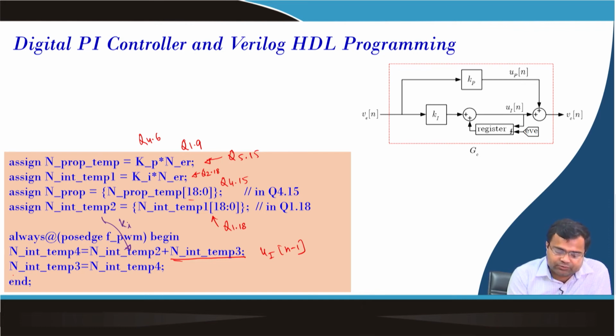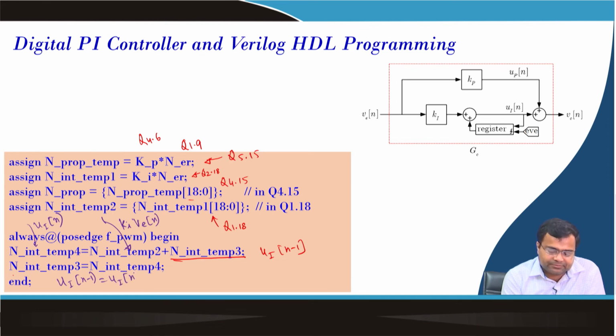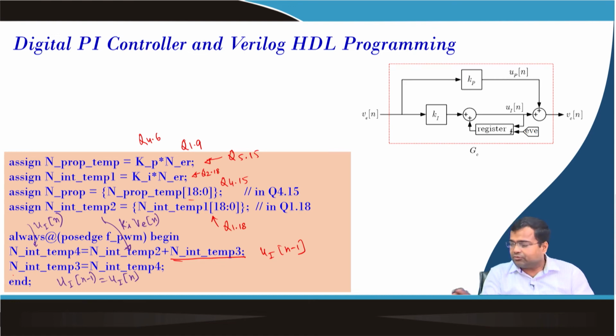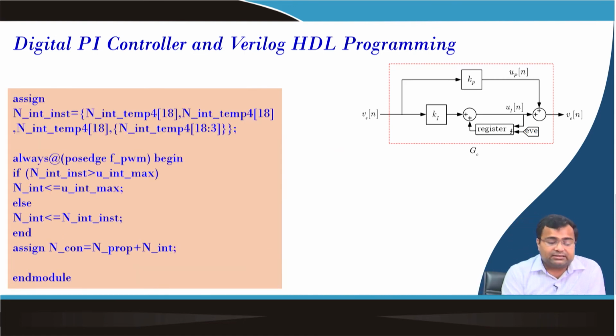So, it is linked with Ki into V error n, and this is nothing but your uI(n), but we need certain resizing, and here it is like u(n-1) is equal to uI(n). So, the typical standard, but this is just a representation, we need resizing.